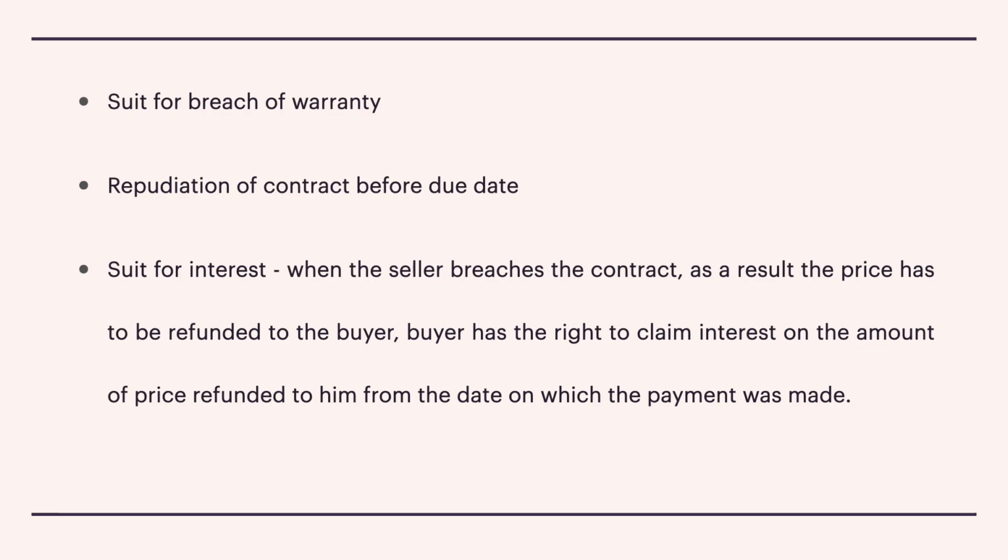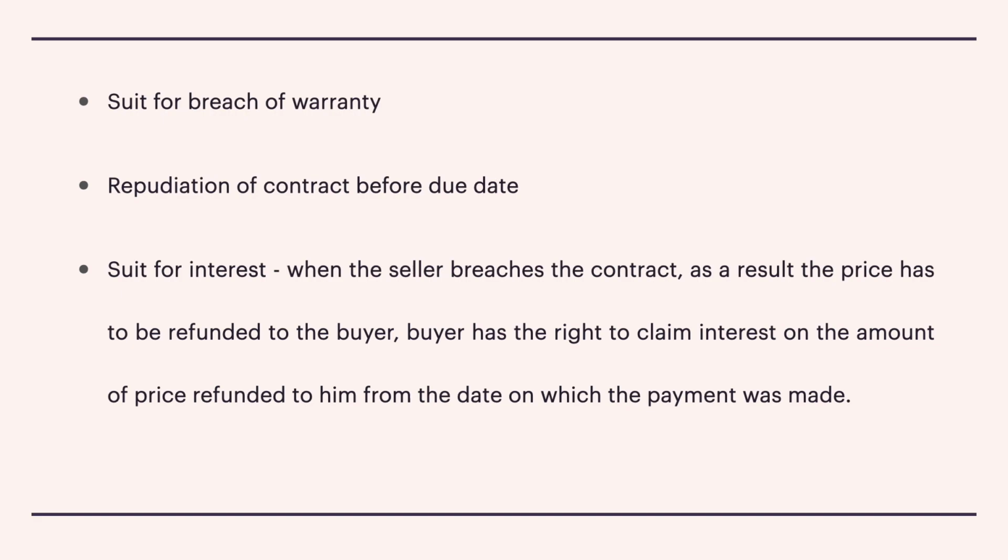Got it? The last one, suit for interest. When the seller breaches the contract, as a result, the price has to be refunded to the buyer. The buyer has the right to claim interest on the amount of price refunded to him from the date on which the payment was made. Now again, in case the seller breaches the contract, the seller is terminating the contract here. As a result, the price has to be refunded to the buyer, correct?